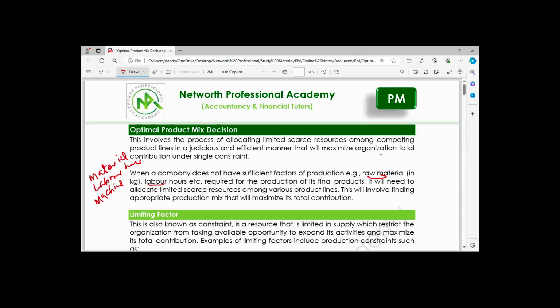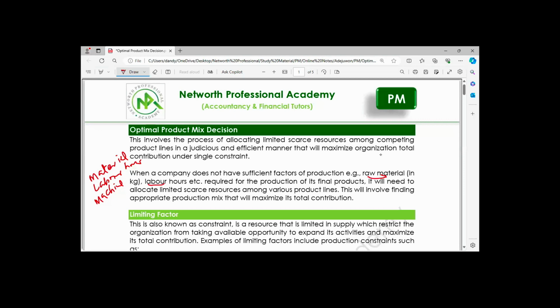So when any of these 3 is inadequate, there will be a constraint. The company will not be able to take advantage of market conditions, because the production capacity of the company will be limited to the resources that the company has. Once there is this limitation, the company will not be able to maximize contribution.